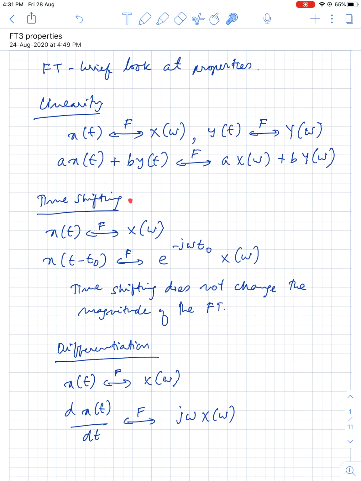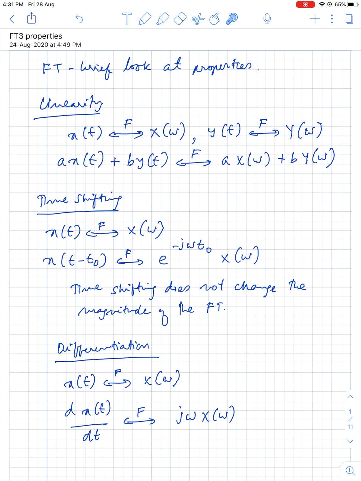The next property is that of time shifting. If x of t has the Fourier transform X of omega, the time shifted x of t minus t naught gives you e raised to minus j omega t naught X of omega. This property we have seen also in Fourier series.